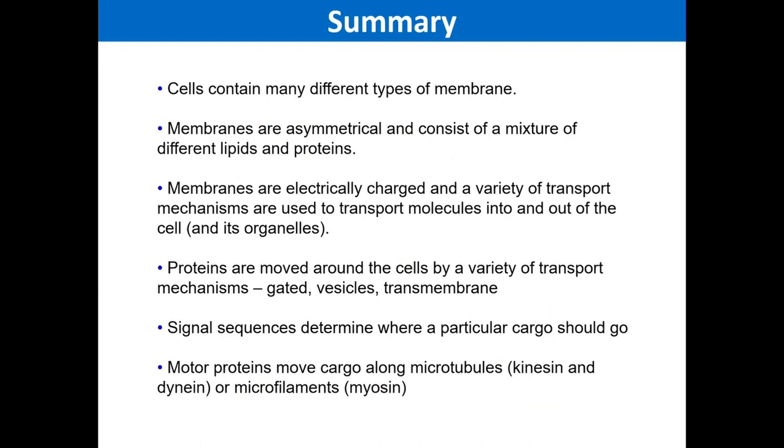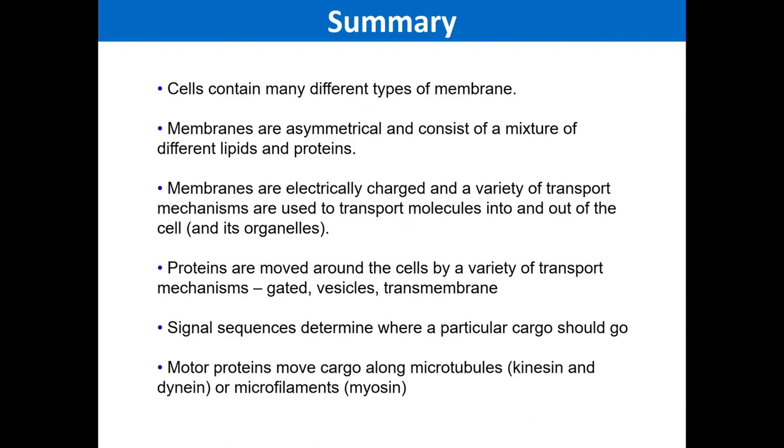So to sum up what we've been talking about, cells contain many different kinds of membrane, which are asymmetrical and contain different lipids and proteins. They are also electrically charged, and this is a concept we will talk about again. And they're capable of transporting a variety of molecules in and out of cells and their organelles.